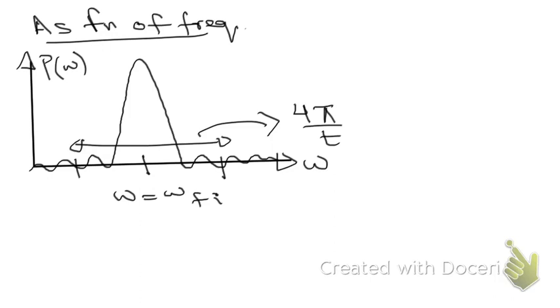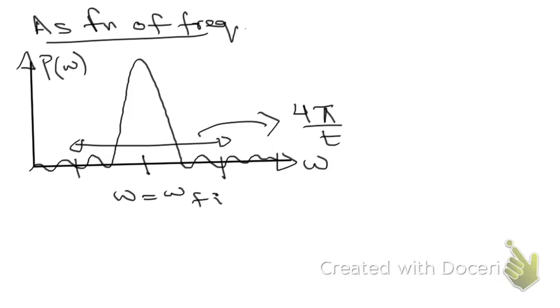So this is the graph that we get when we look at the probability as a function of frequency. And so the resonance curve has a finite width.